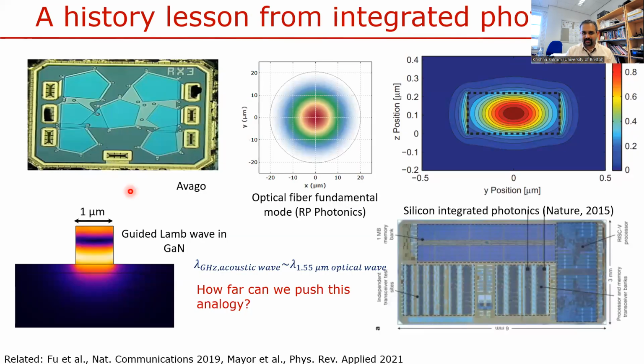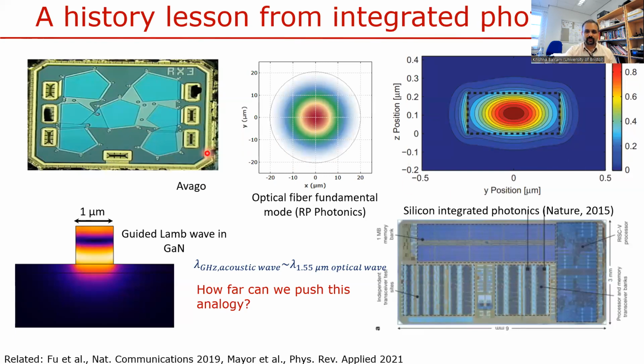This is a revolution that has already occurred in integrated photonics, where once you go from optical fibers to silicon photonics and increase the index contrast, you can really shrink the dimensions of the waveguide geometries. The question we want to ask is, suppose you want to monolithically integrate 1 million of these acoustic wave components.